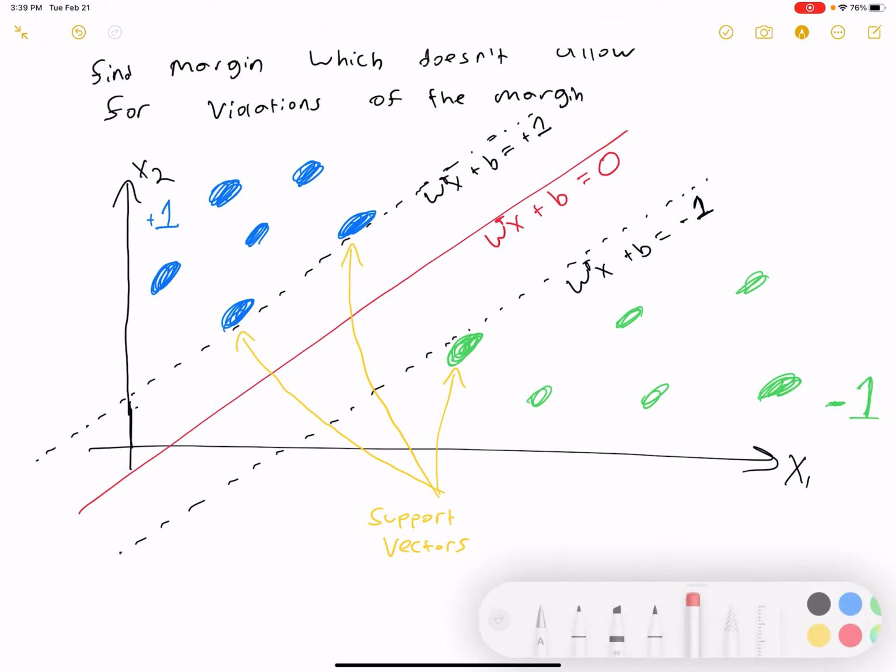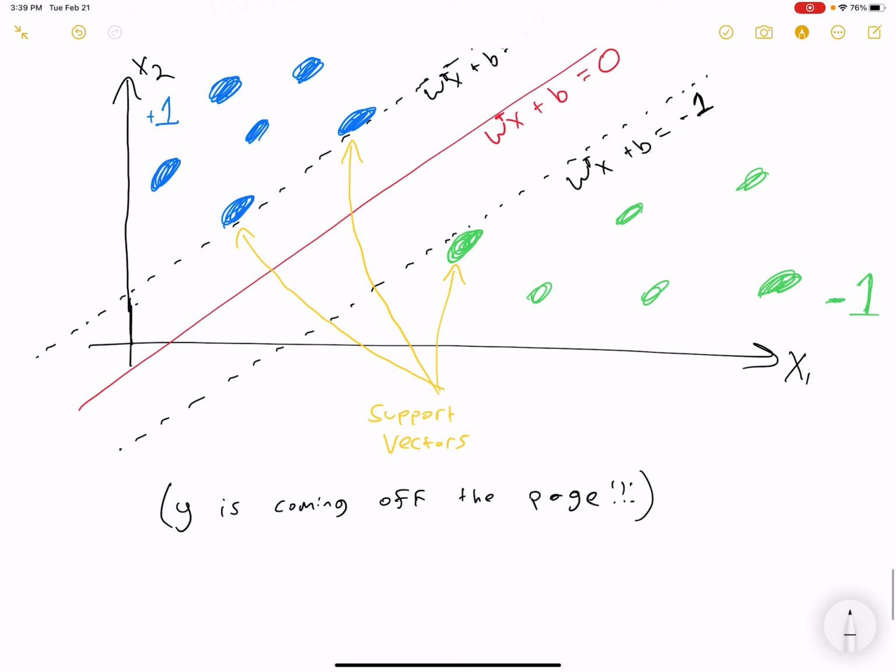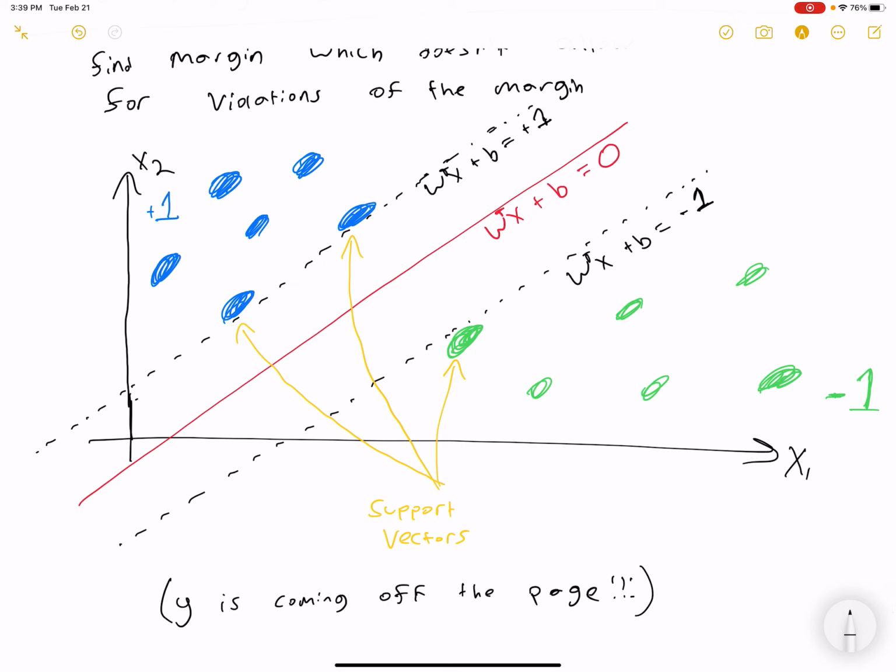Now, an important thing to notice here is that the y is coming off the page. So we're not drawing the y-axis here. So it's not like this is the equation for the line in 2 dimensions. We're saying that's the equation for the plane or hyperplane, and we're setting it equal to a y value, which is coming out of the page. That's the value that's of the class label.